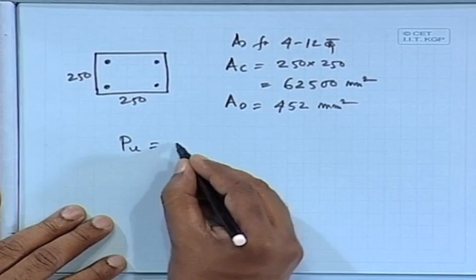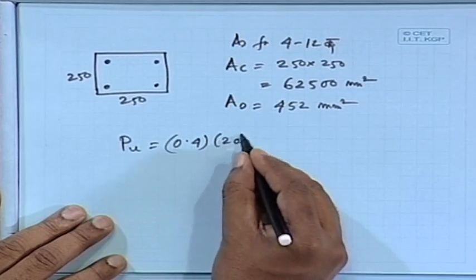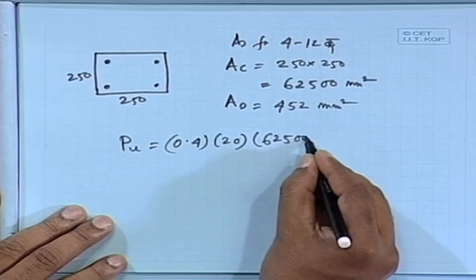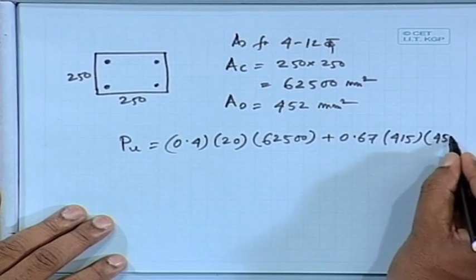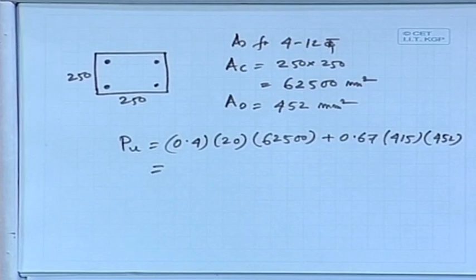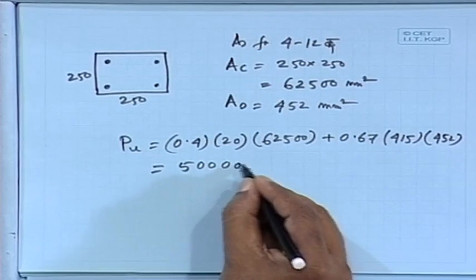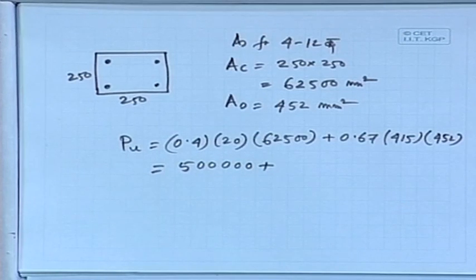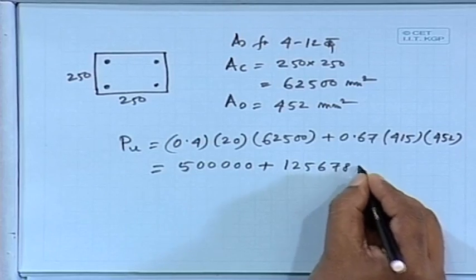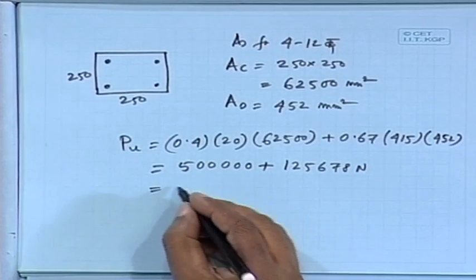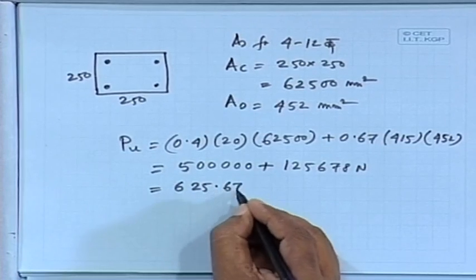So, Pu equal to 0.4 times 20 for M20 grade of concrete times 62500 plus 0.67 times 415 times 452, which comes as 125,678 Newton, equals 625.678 kilonewton.